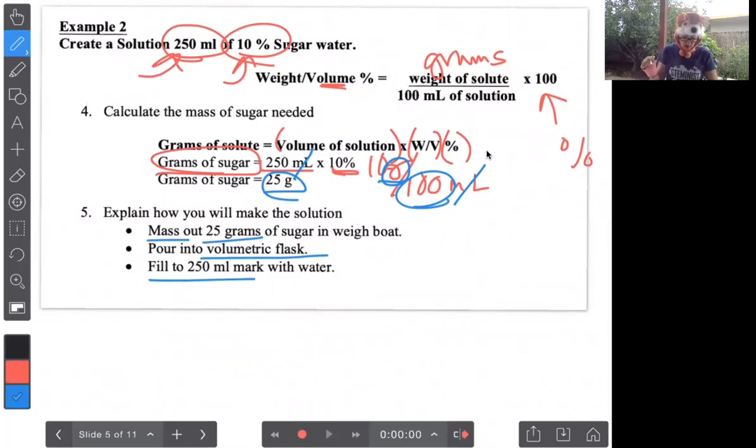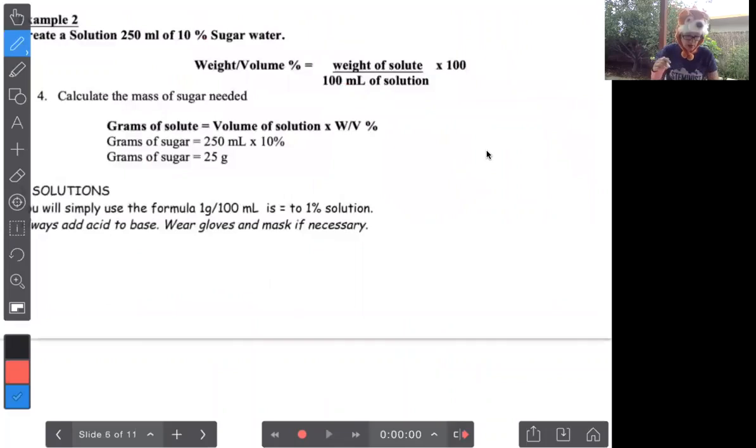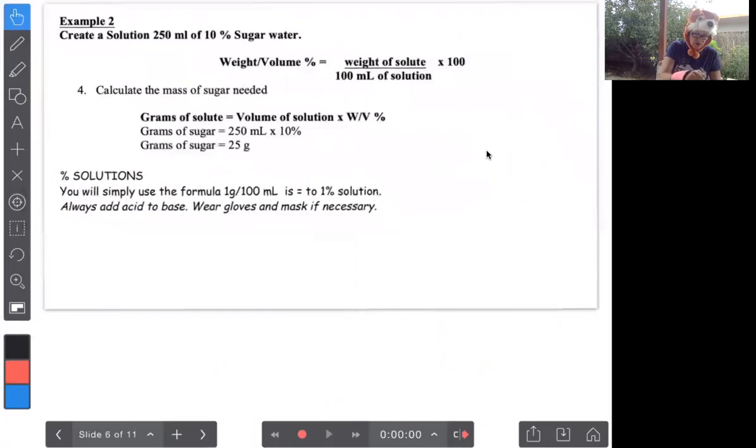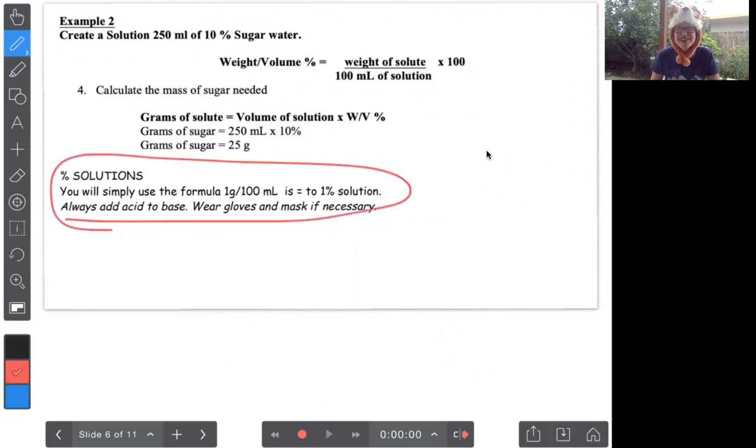So here's another way. What if we can't remember this formula and we're super confused? What if we want to use this easy way?